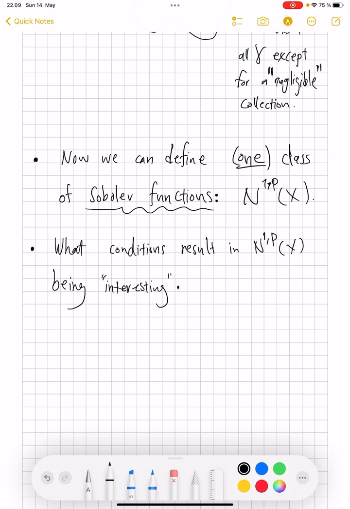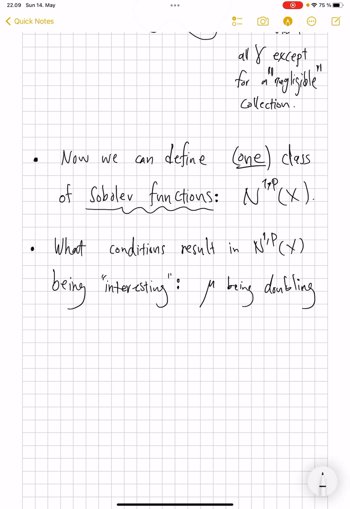And here is where comes this mu being doubling. The nicest spaces where this theory becomes really interesting is when you have a doubling measure and when we have the so-called Poincare inequalities.